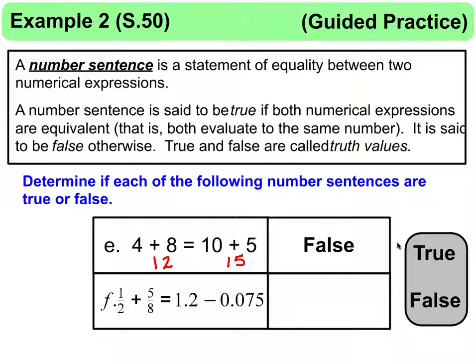So the teacher will then give students an opportunity to look and think and decide, what about the 1/2 plus the 5/8 equals the 1.2 minus the 0.075. After a few minutes and discussions, the students will come up with a decision, and this decision here will be true.